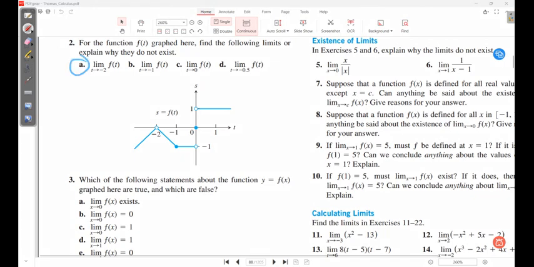For A, what's the answer? The limit as t approaches -2. Okay, somebody says the answer is -2. Anybody else? 0.